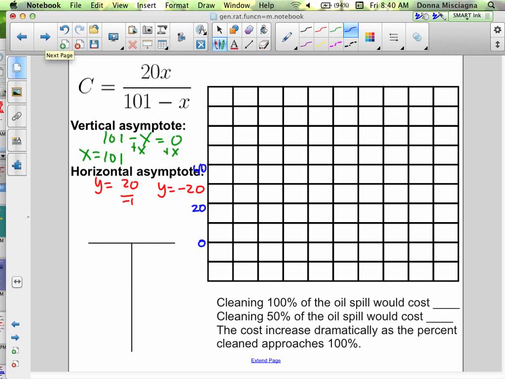Oops, why did I do that? That doesn't fit. Oh, I'm still going up by 10s. Crazy me. Each line's going to be 20. Let's try that again. 20%, 40%, 60%, 80%, 100%. All right, that'll be fine.